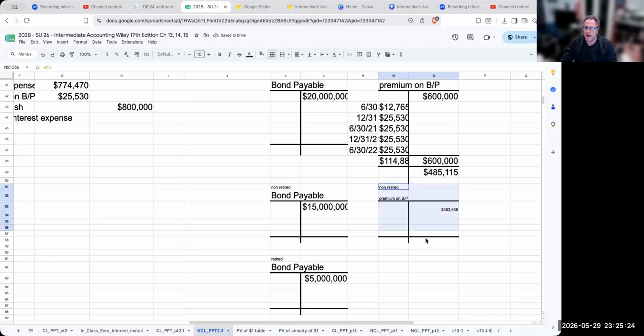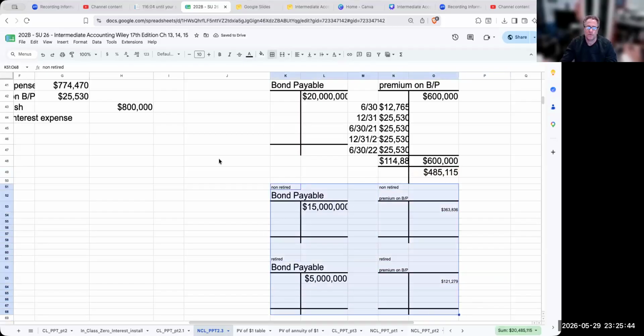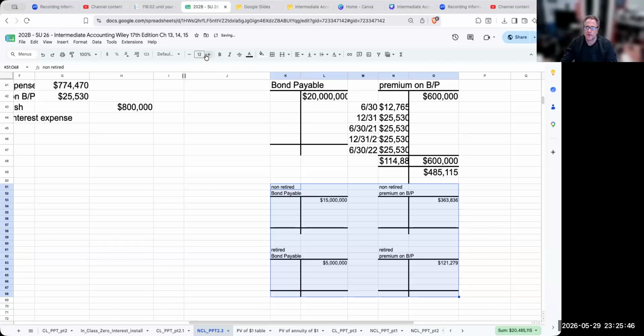And then I'm going to have my retired premium on bond payable. This is going to be this amount here times 25%. I just want to make sure that these numbers add up, which I believe that they do.